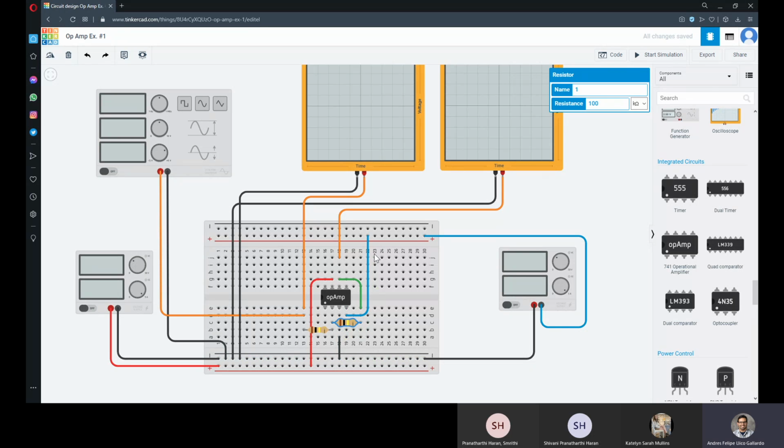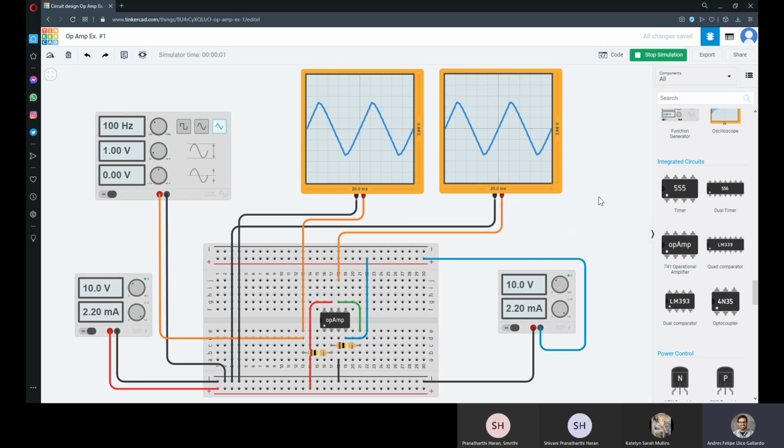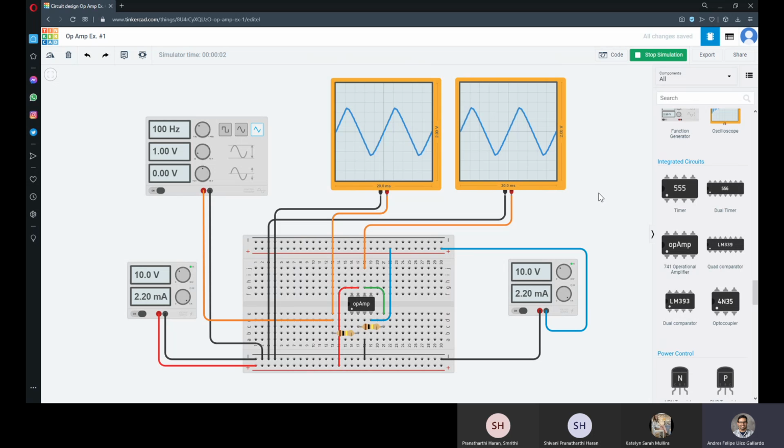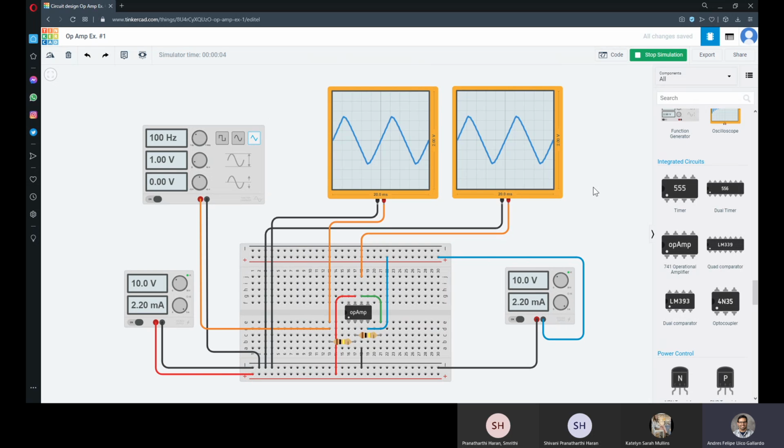My power supplies, I connected the negative to my power supply here on the right, and the positive to the power supply on the left. So I'm just gonna turn it on. Unfortunately, if you have worked with the oscilloscopes in the lab, there is usually a sync option that allows you to sync a signal with respect to another channel, so you can see them with respect to each other.